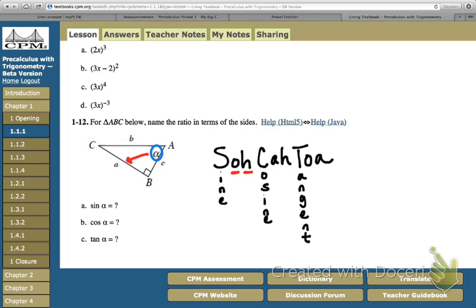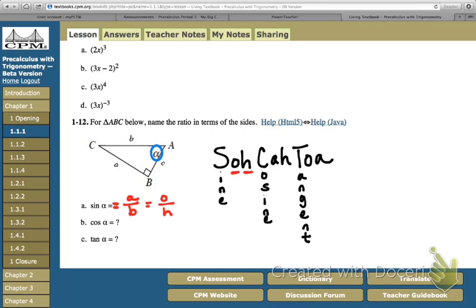It's A. And the hypotenuse is always the longest side. It's the one across from your 90-degree angle, your right angle. So that would be B. So your ratio here is A over B, which would be my opposite over my hypotenuse.